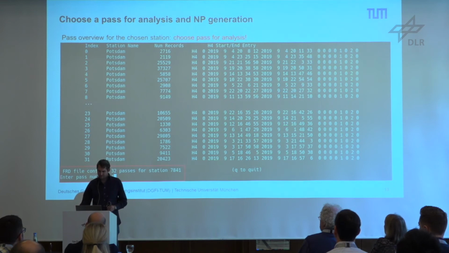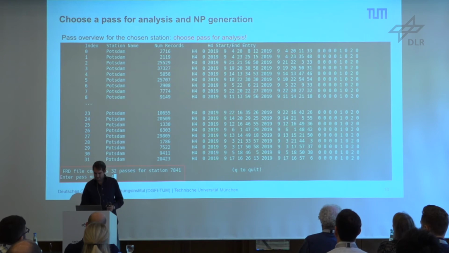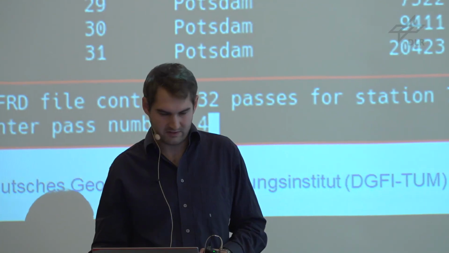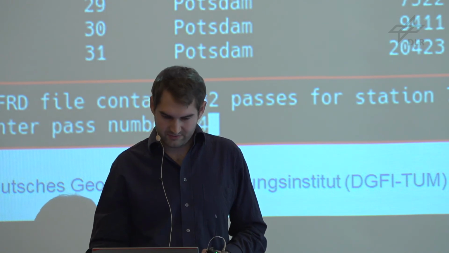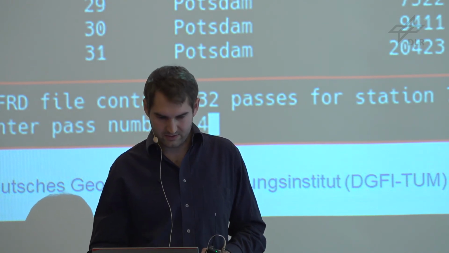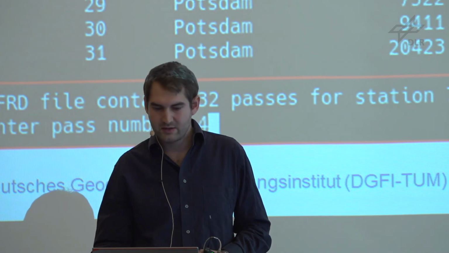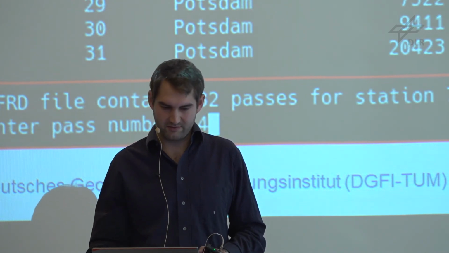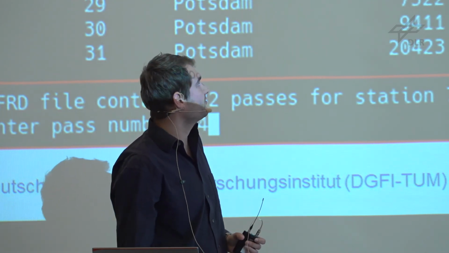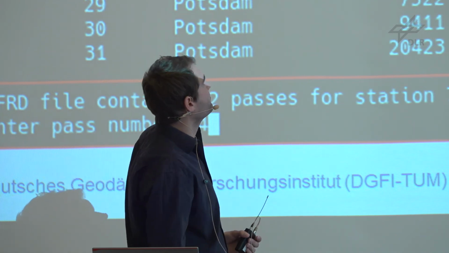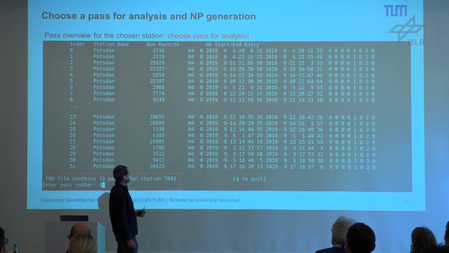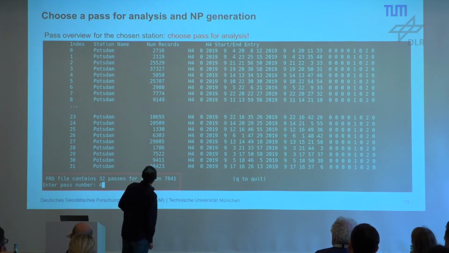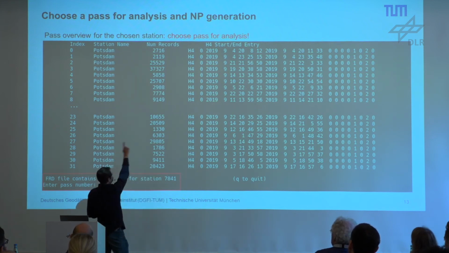The program outputs a list of all passes of the station that are contained in this full rate data file. In the case of Potsdam, it's 31 passes, 32, and as we have downloaded the CPF orbit predictions file for the 14th of September 2019, we now decide we want to analyze pass number 4.